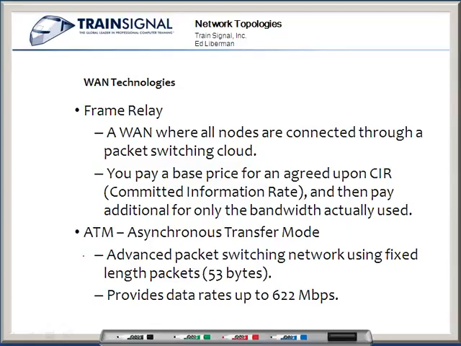But beyond that, there may be more bandwidth available. Besides the base price just to have a certain level of guaranteed bandwidth available, you then only pay for the bandwidth that is actually used beyond that small minimum base price.